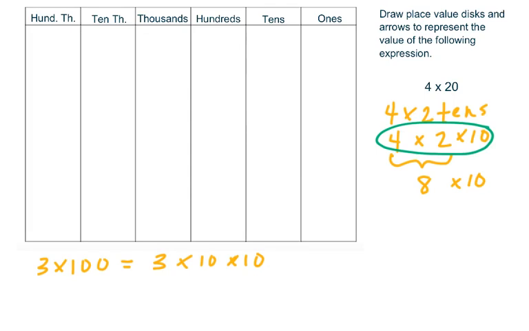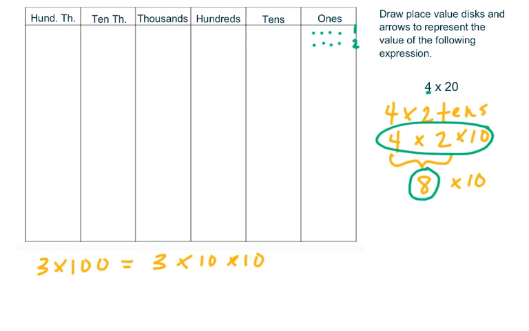Well, if I have 4, I start with my 4 in the ones place, because that's what my original problem had, and I multiply that by 2. Well, we already said that 4 times 2 equals 8, so I've now got 2 rows of 4, and that ends up giving me 8.